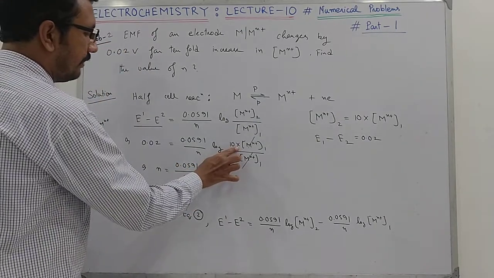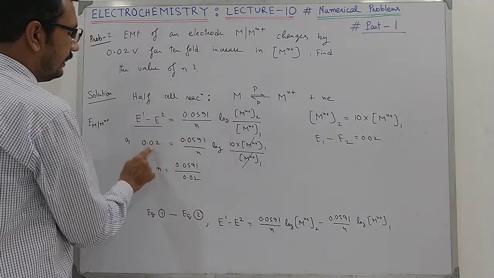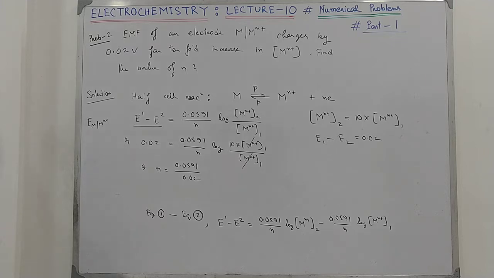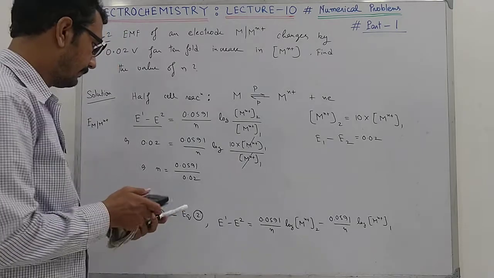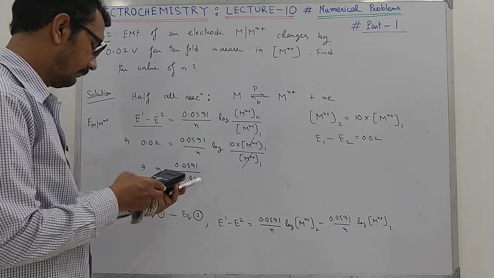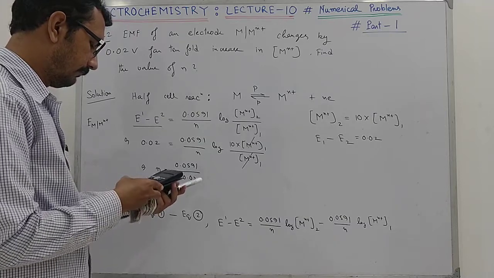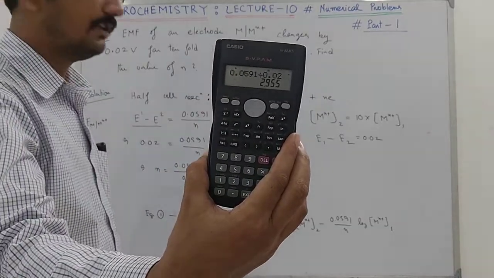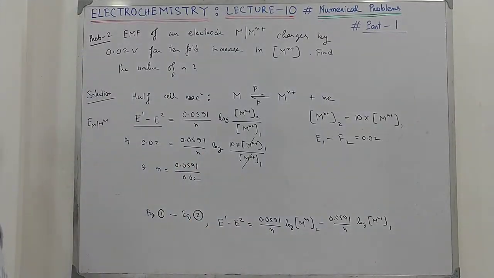You take n to the left hand side and 0.02 to the right hand side. So it will give you 2.955.